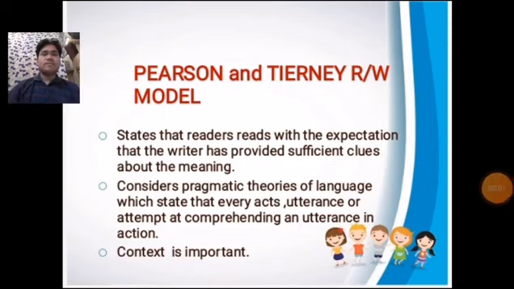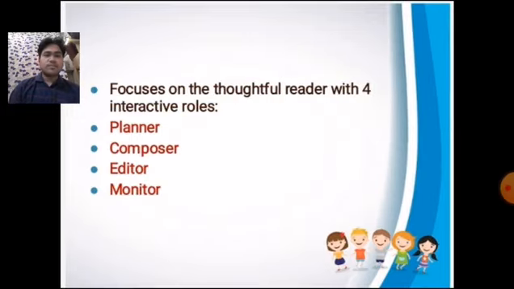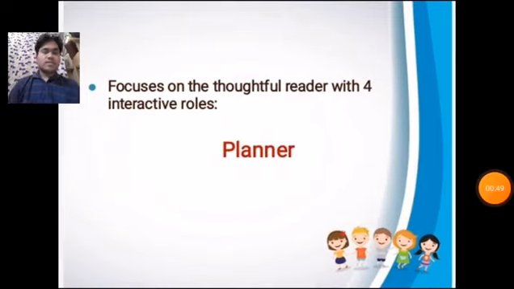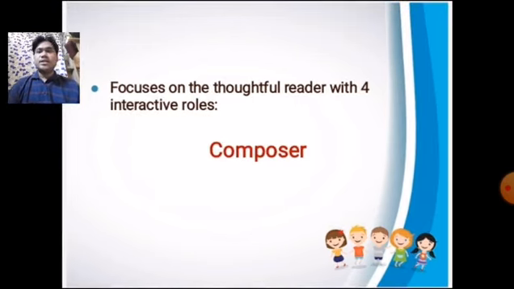And according to them, thoughtful readers have these four instructive roles, which are the planner, composer, editor, and monitor. Okay, so the reader as planner creates goals using their existing knowledge to comprehend the text. While the composer, according to them, is a role because readers tend to see the relationship of every gap in the text.